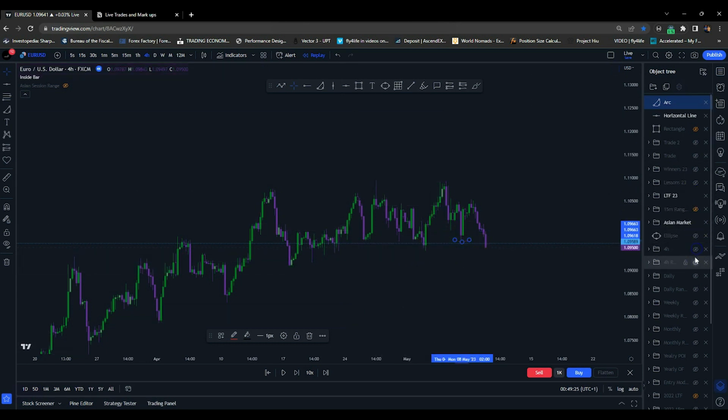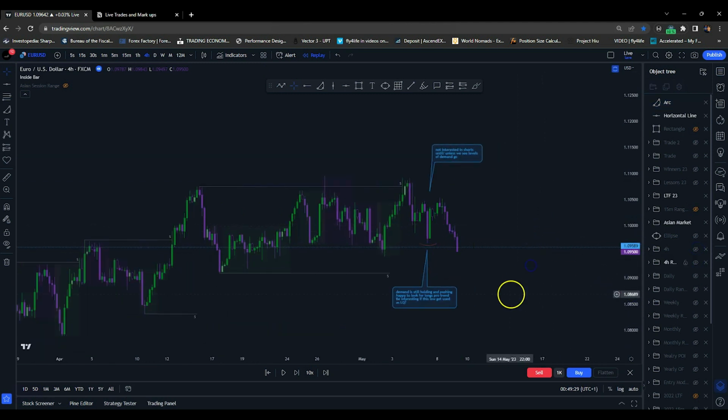And if we look at the ranges, that's really nice. This has been a big sweep, mitigation, broken through, created new swing structure. In fact, yeah, swing and ranges is probably where things become a bit more obvious.